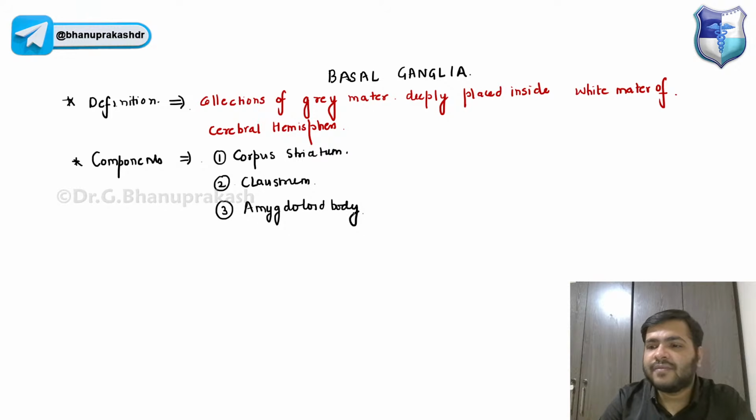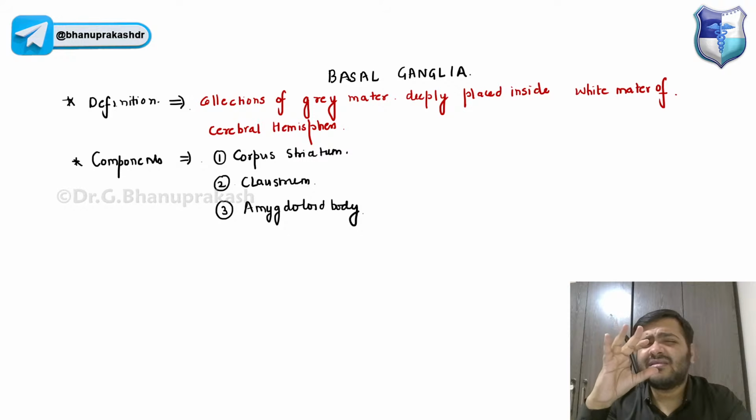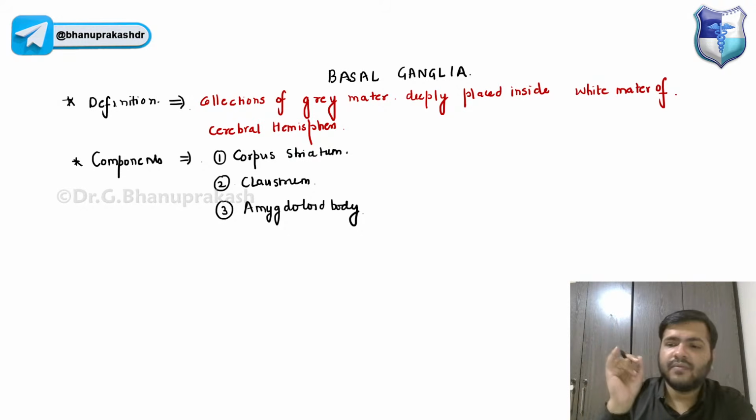And yes, we have other components, guys. That is not the main part over here, but yes, these are the physiological components that you have to remember. The substantia nigra of the midbrain.